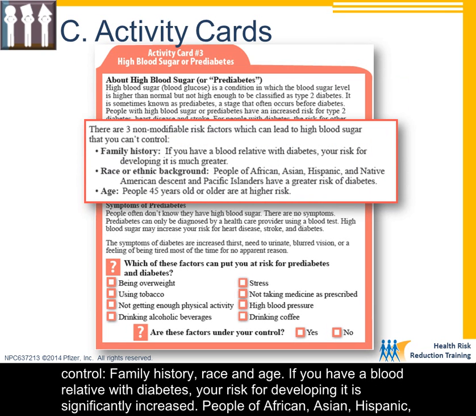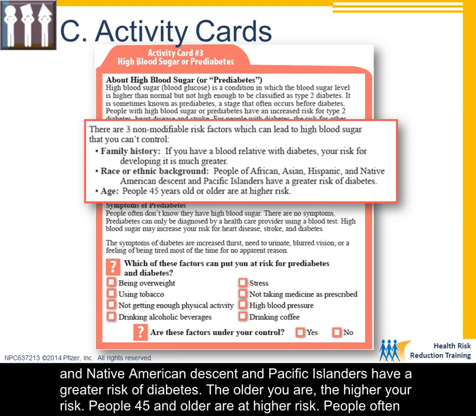If you have a blood relative with diabetes, your risk for developing it is significantly increased. People of African, Asian, Hispanic, and Native American descent and Pacific Islanders have a greater risk of diabetes. The older you are, the higher your risk. People 45 and older are at higher risk.